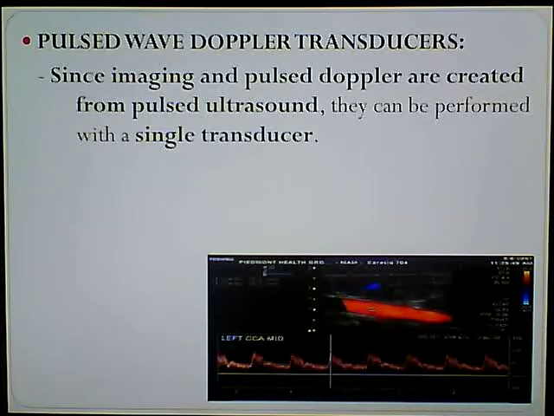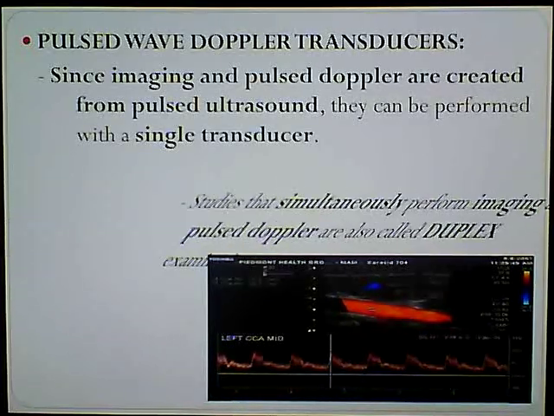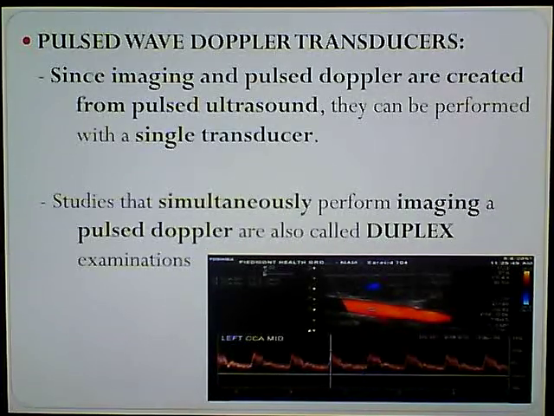Since imaging and pulsed Doppler are created from pulsed ultrasound, they can be performed with a single transducer. One transmit, one receives. Pulsed, short duration pulses. We can do both with these things. We can image and Doppler. Studies that simultaneously perform imaging and pulse Doppler are also called duplex examinations.